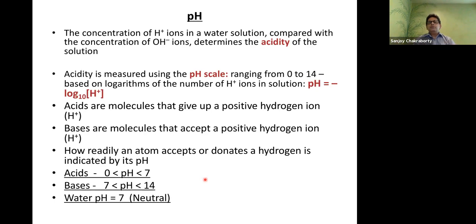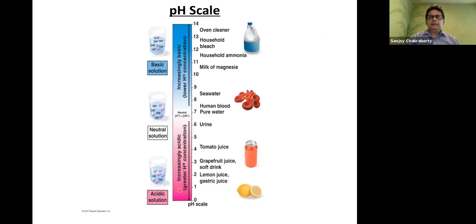So now think, if you drink something acidic, I'll give an example. Let's say orange juice is very acidic. I think we have a slide here. Yes. So look here. Lemon juice is like pH 2, or grapefruit juice is like pH 3. So it's acidic. Let's say you take a glass of grapefruit juice in the morning, okay?